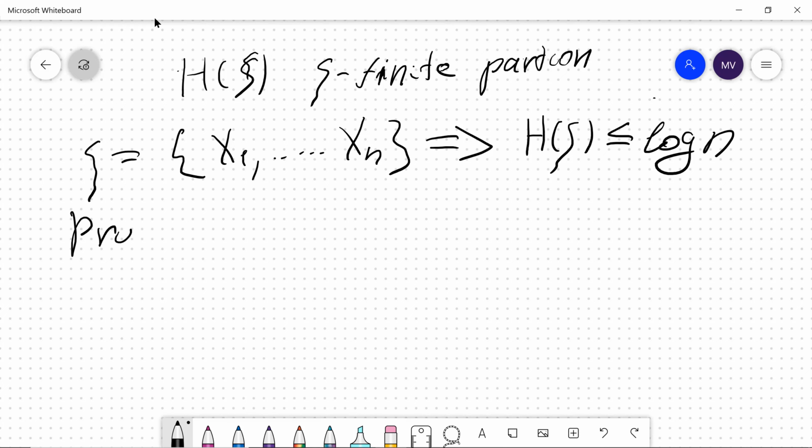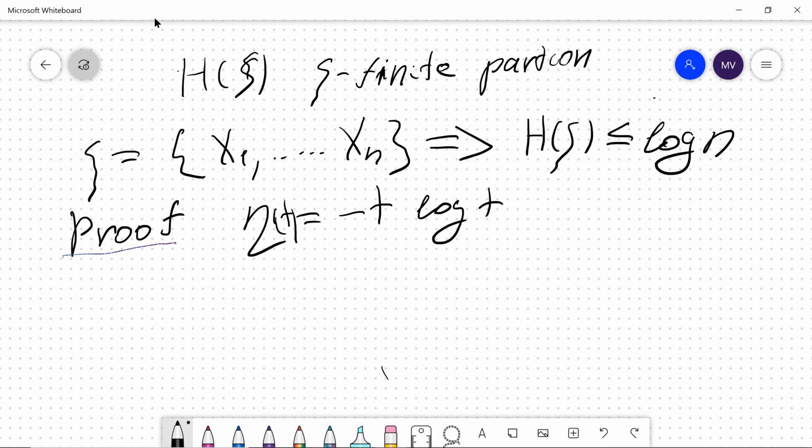So the proof is as follows. We are using the fact that the function eta, which as we remember is defined as eta of t equals minus t logarithm t for t greater than 0, and 0 when t is equal to 0.